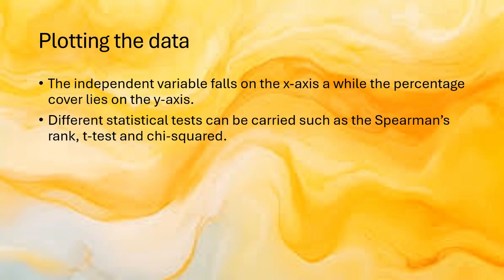The percentage cover of the species you are measuring would fall on the y-axis because it is the dependent variable, and this depends on the independent variable that you're measuring, in this case, the light intensity. And once you plot the data, you can carry out different statistical tests such as Spearman's rank, t-test, or chi-square.